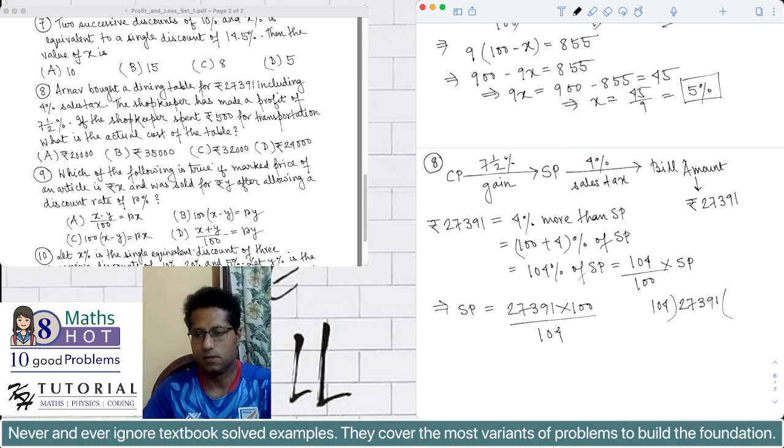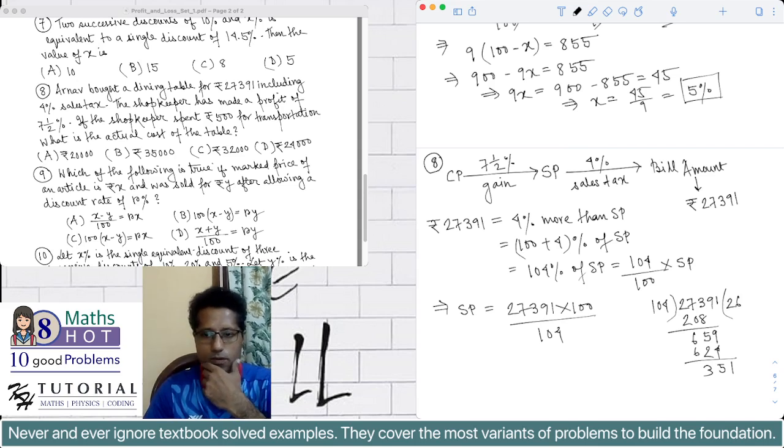Let's see, 208, we have 5, 6, and we have 9. So 9, so 6, 24, 2, 6, 5, 3, 1.